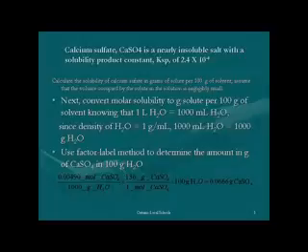We're going to use the factor label method to determine the amount in grams of calcium sulfate per 100 grams of water. So we'll take our 0.00490 moles of calcium sulfate over 1,000 grams of water and multiply it times 136 grams of calcium sulfate in 1 mole. We're just converting moles to grams.